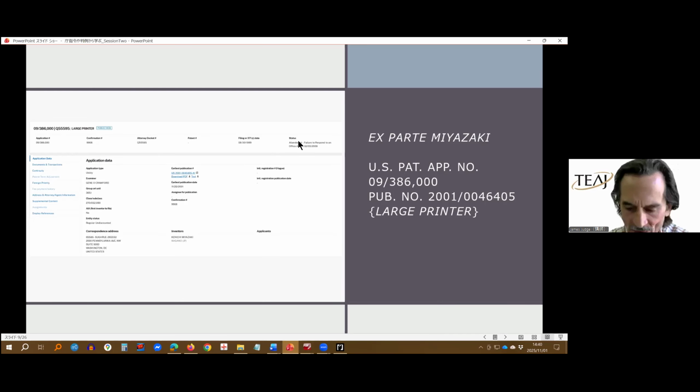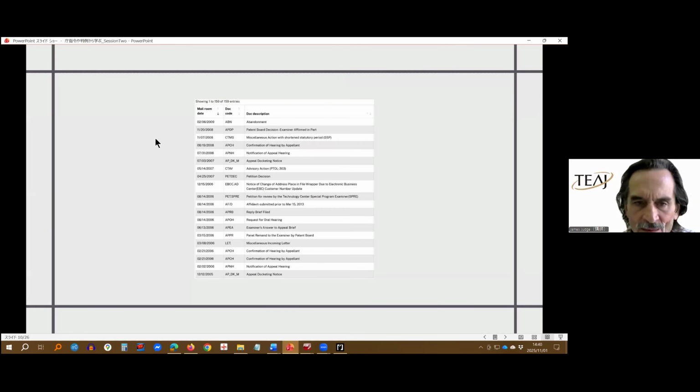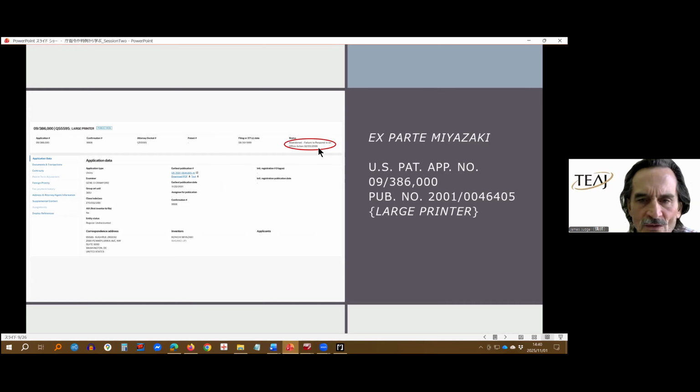If you look at this case, you'll see that it ultimately was abandoned in 2009. But if you look at the filing date, it's 1999. So it was filed on August 30th, 1999, and finally abandoned in 2009. That means that the application was pending for 10 years.